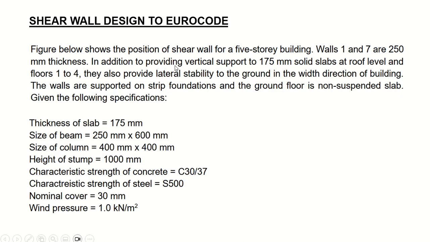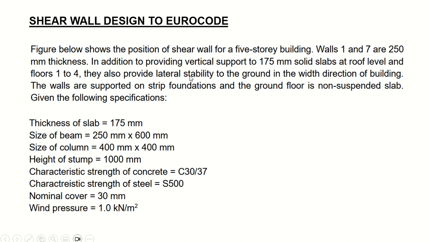In addition to providing vertical support to the 175 mm solid slab at roof level and floors 1 to 4, this means that the shear walls provide vertical support for the solid slab. You have a solid slab at roof level and also floors 1 to 4, and the thickness of the slab is 175 mm.